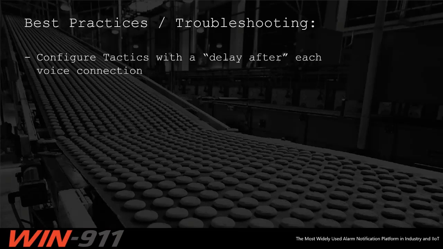All right, so some tips here about best practices and some troubleshooting. One thing is when you're using voice, no matter what the voice option is, TAPI, Grandstream, VoIP, you always want to configure your tactics with a delay after for each voice connection. This is important because of the way WIN-911 starts calling out and notifying people.